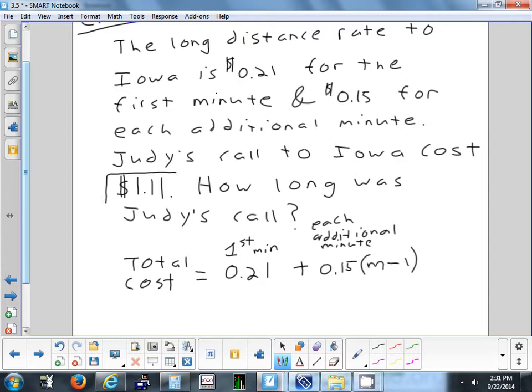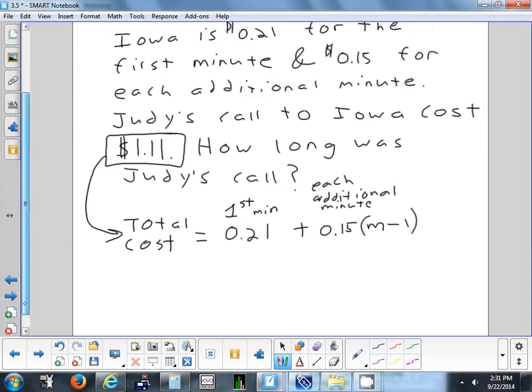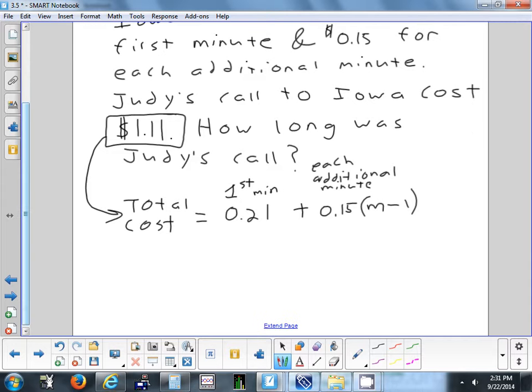Now we have this $1.11. Where is that $1.11 going to go in this whole equation? That's the total cost. So let's fill that in, and then we'll have you guys try to solve it. Again, guys, with the decimals, if you want to use a calculator, that's fine.